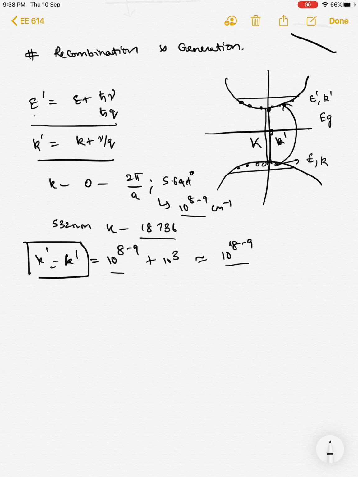This is called an optical selection rule. That is why direct band gap semiconductors are very efficient when it comes to generation using a photon. So generation is a term for when you excite an electron from the valence band to a conduction band.